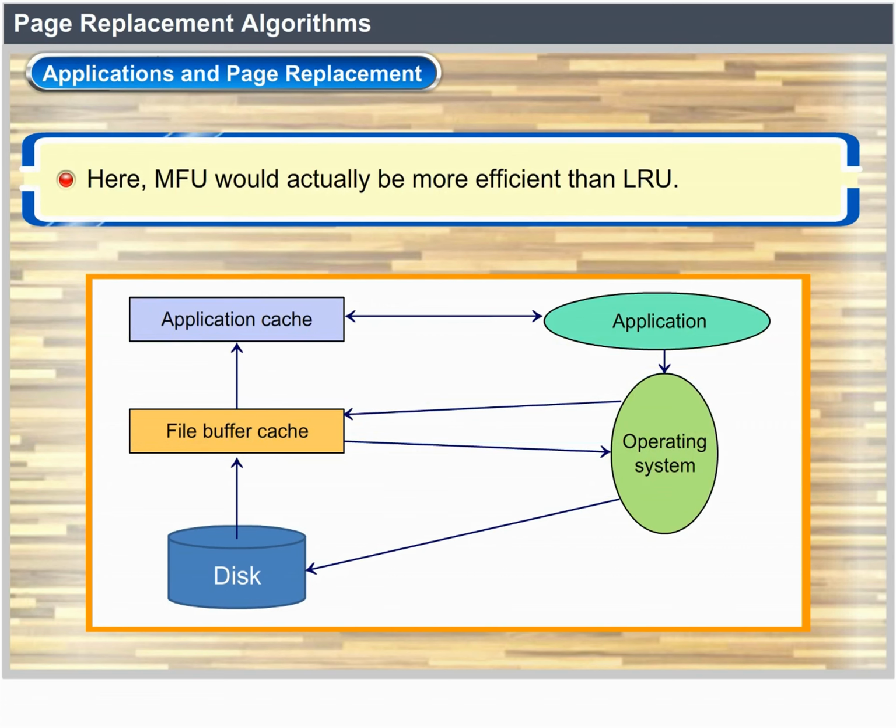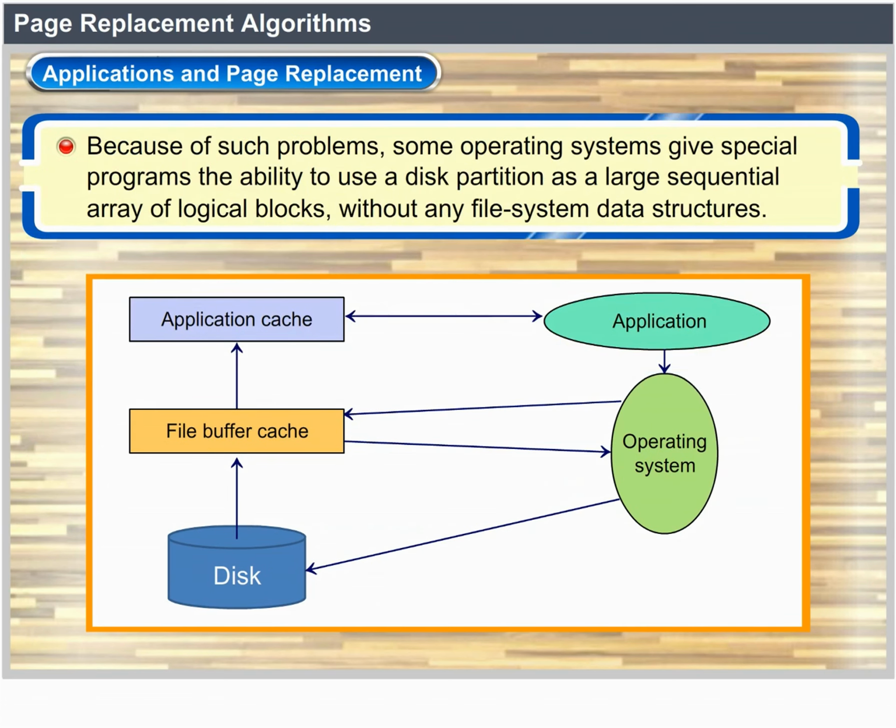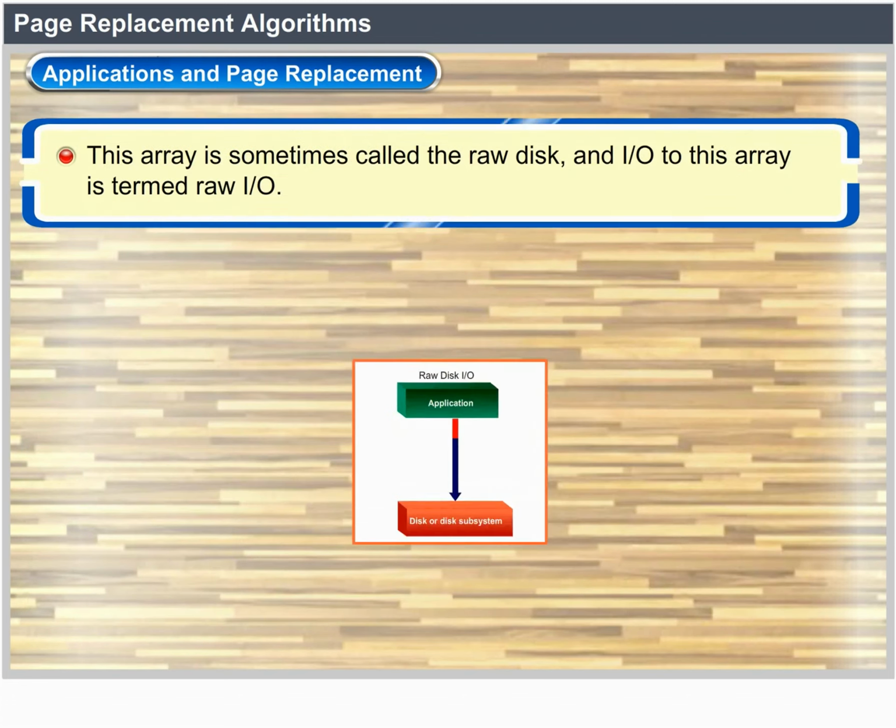Because of such problems, some operating systems give special programs the ability to use a disk partition as a large sequential array of logical blocks without any file system data structures. This array is sometimes called the raw disk, and input-output to this array is termed raw input-output.